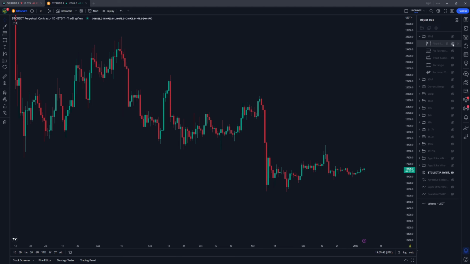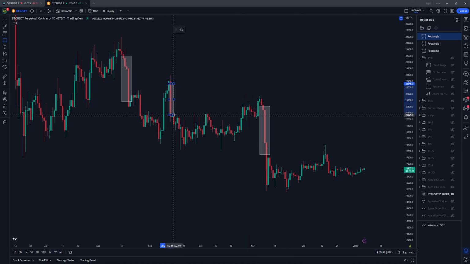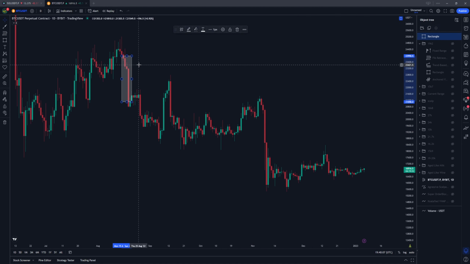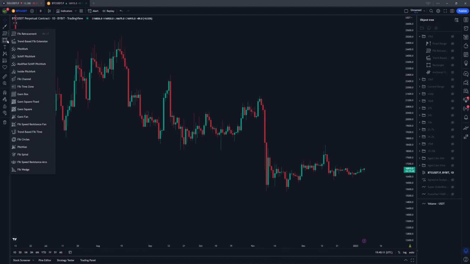First off, I'll go ahead and point out this very quick move down here. It's a bit similar to the moves here and right here. Now, with these moves to the downside or to the upside, but in this case it's to the downside, price likes to come back and revisit these areas because there's typically market inefficiencies within those impulsive moves.